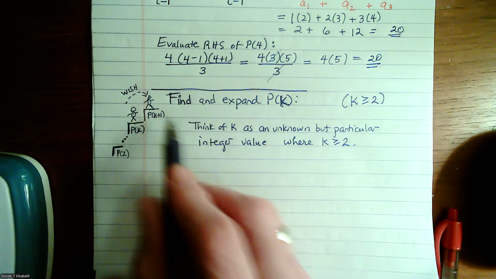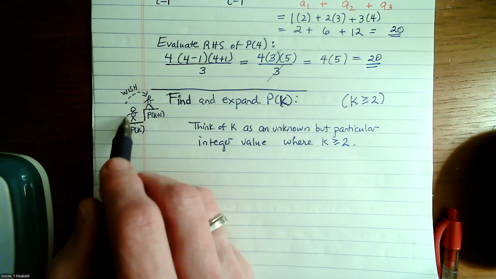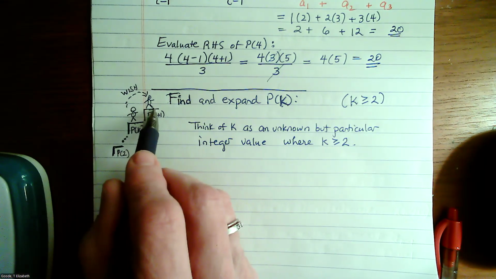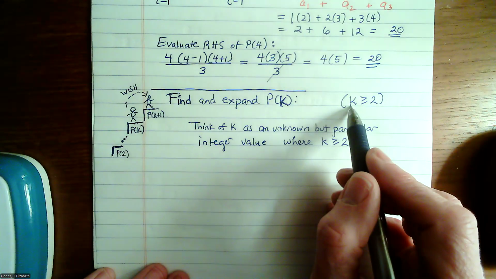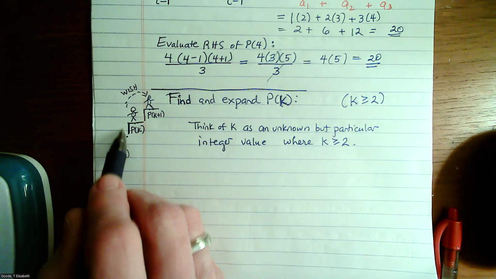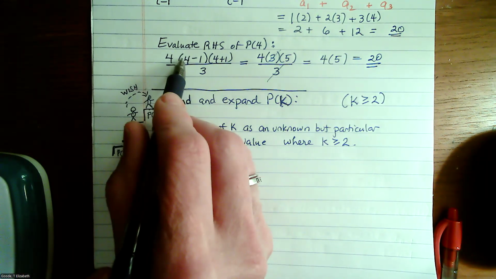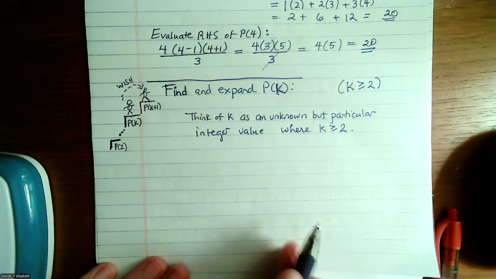So when we assume that we're standing on step K and then prove that we can step up to step K plus 1, as long as we let K start down at the bottom, that means we can get off the bottom step and just keep on climbing, because whatever step we're on, we've proved we can step up to the next step.